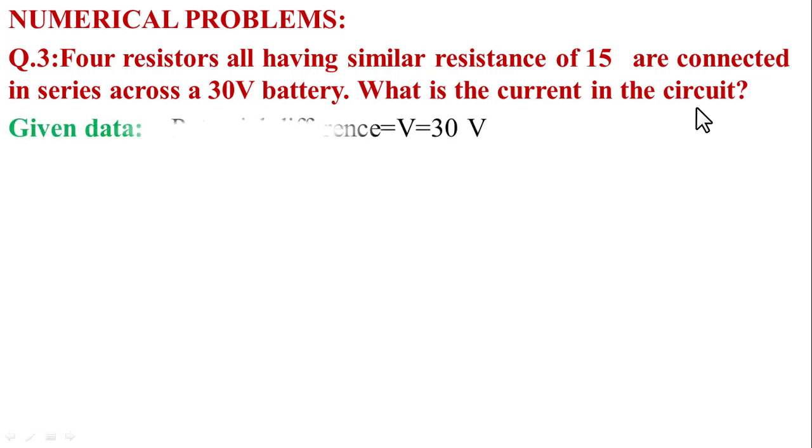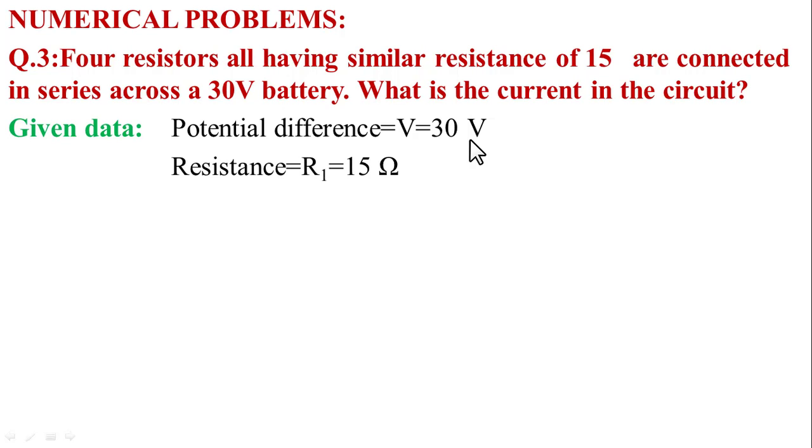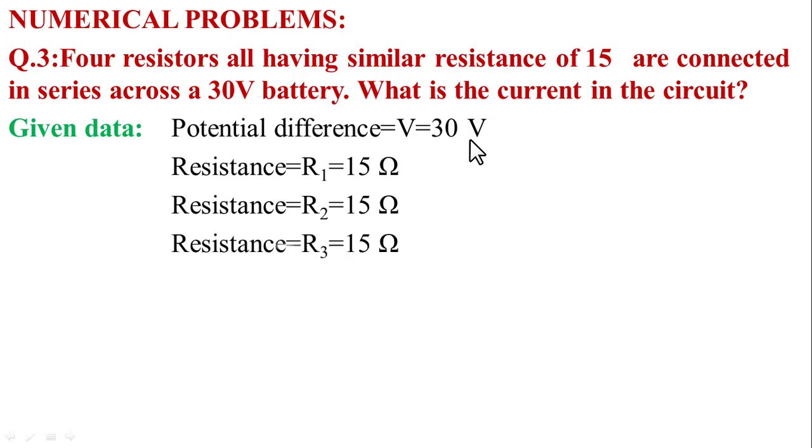According to the given statement, we write the given data. Potential difference V is equal to 30 volt and resistance R1 is equal to 15 ohm, R2 is equal to 15 ohm, R3 is also 15 ohm and R4 is also 15 ohm.